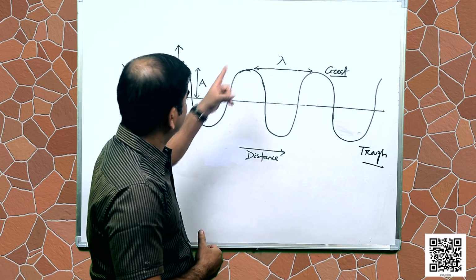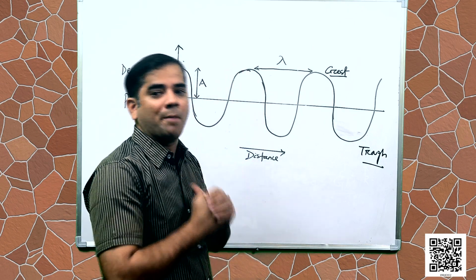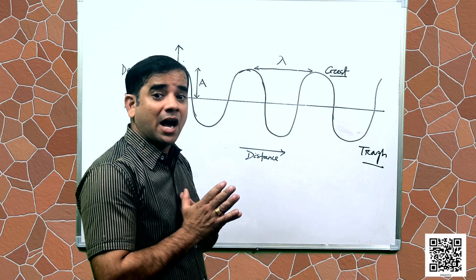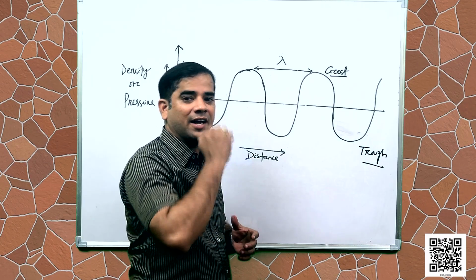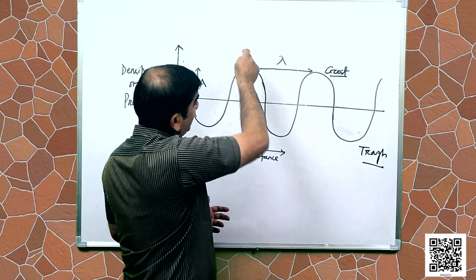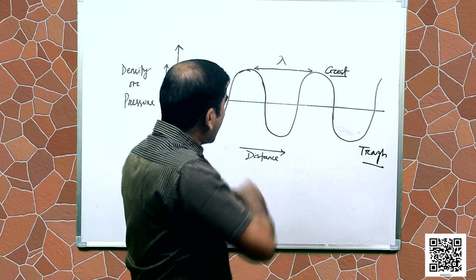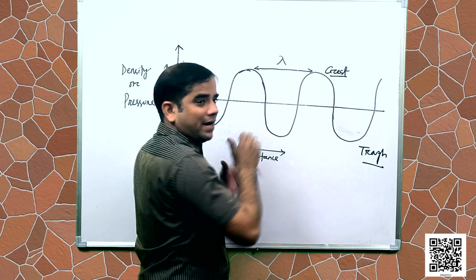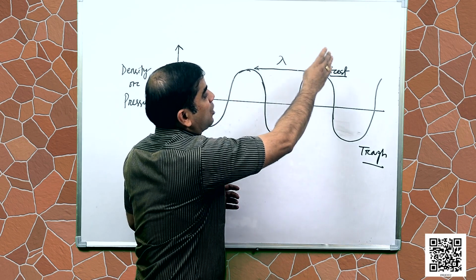The peak represents the region of maximum compression. Thus, compressions are regions where density as well as pressure is high. So, peak means the highest point, and the peak represents the maximum compression. Then, as per the particles' movement, they go down and again go up.